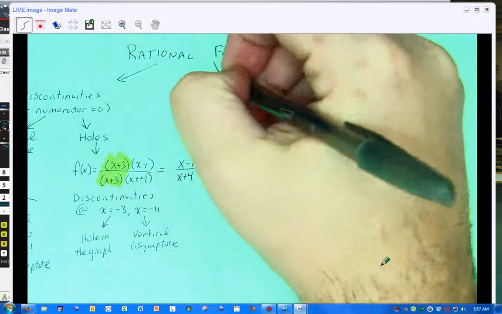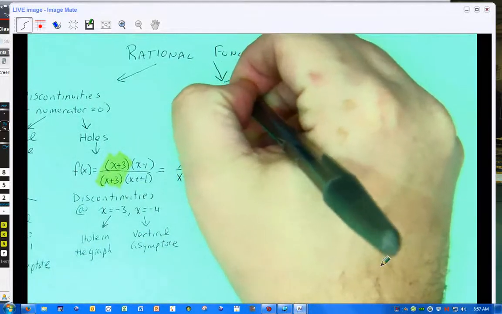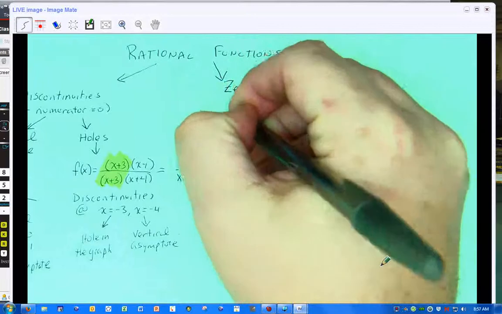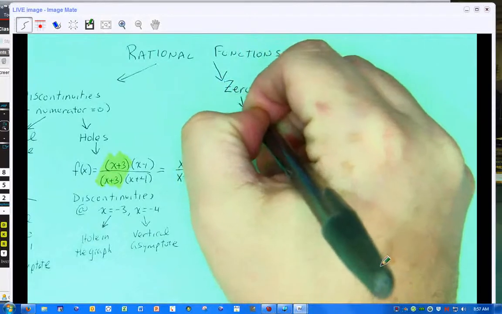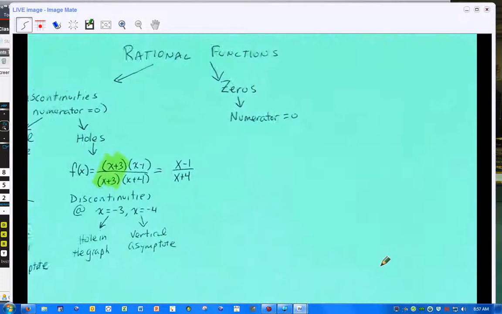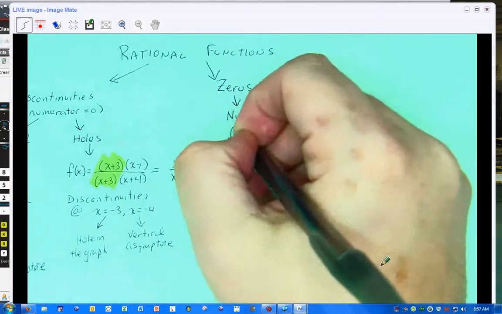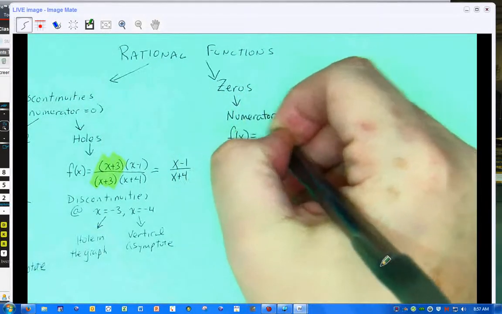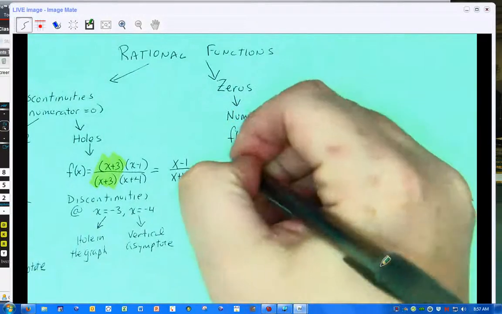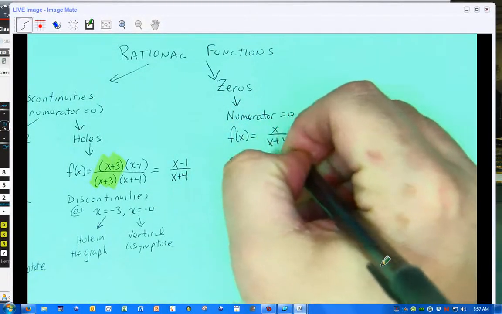Now the next thing you want to do is find your zeros. This is where the numerator is equal to 0. So if you have f of x is equal to x over x plus 1, you have a 0 at x equals 0.